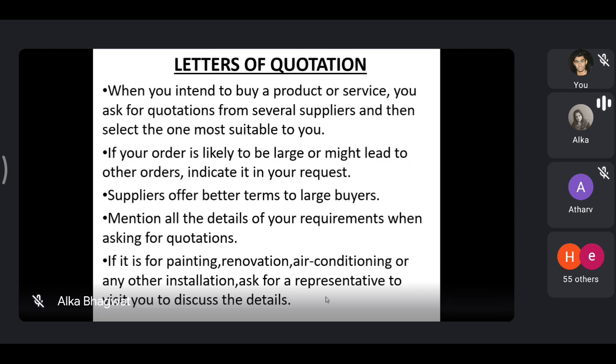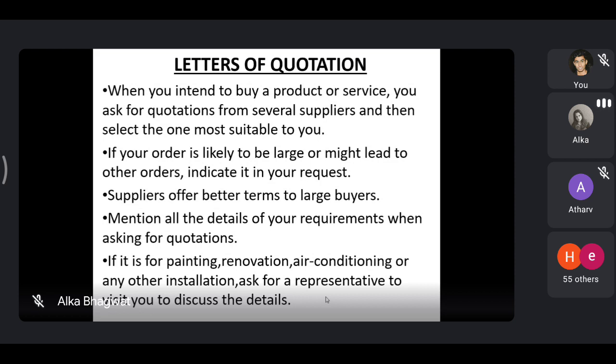Now, in the hotel industry, whenever we are starting a five-star hotel, first of all we send letters of quotation to, for example, five people, asking them to quote for the cutlery I want to buy.